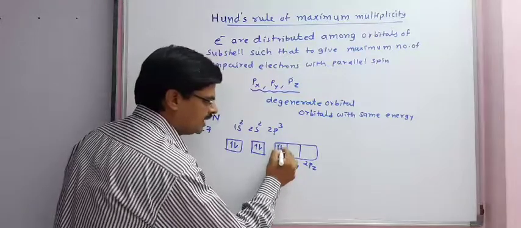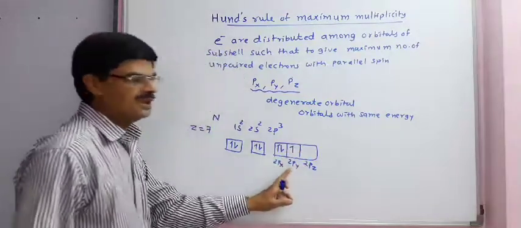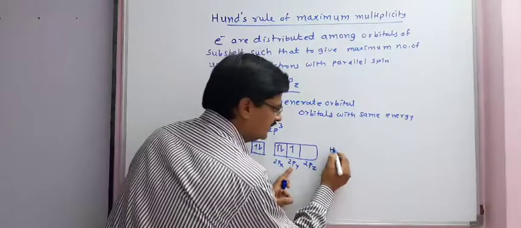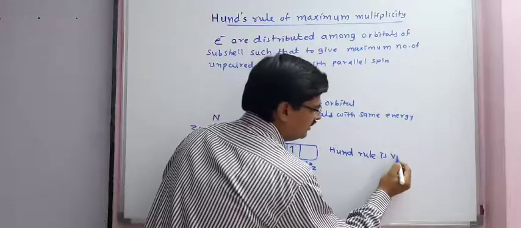If we write 2 electrons in 2px orbital and 1 electron in 2py, then we can say Hund's rule is violated.